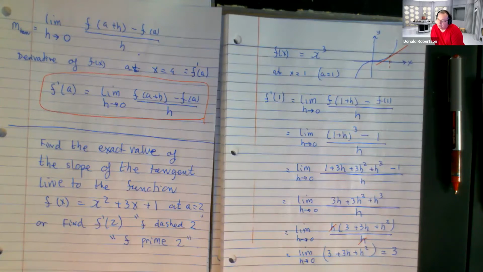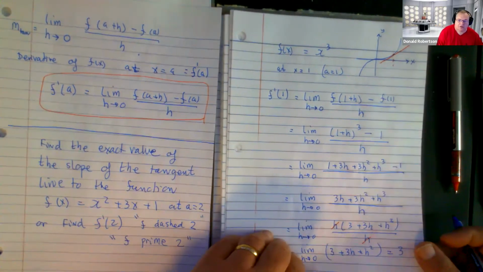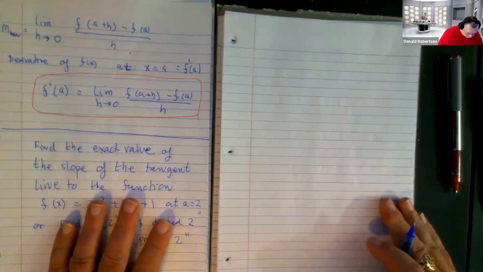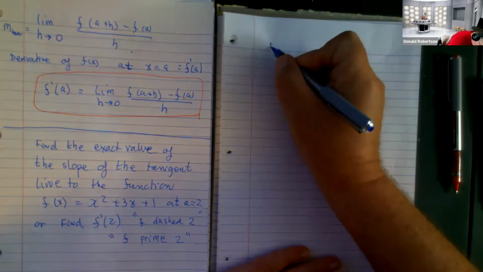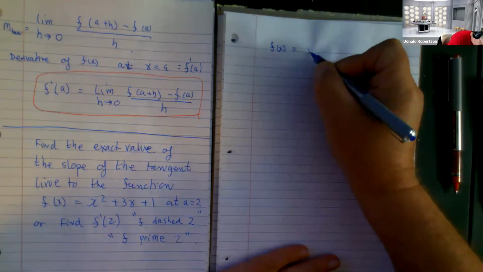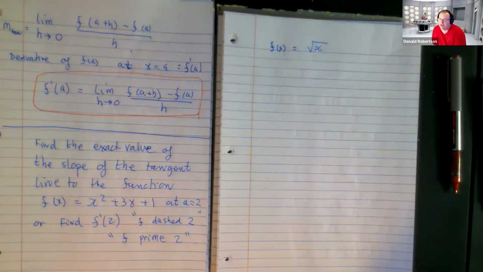Pretty cool. We have a process that allows us, using limits, using this formula, to find the exact value of any function, theoretically at least. So this time I'm going to make life difficult by choosing a pretty innocuous function, the square root of x.